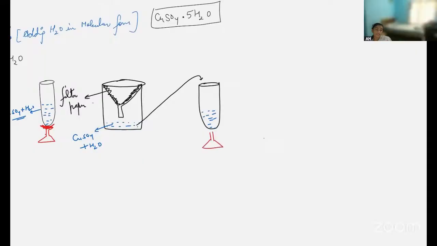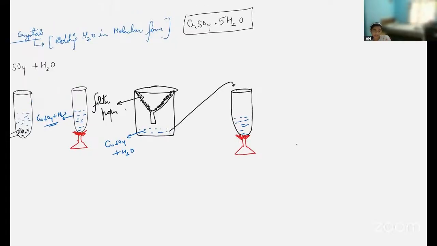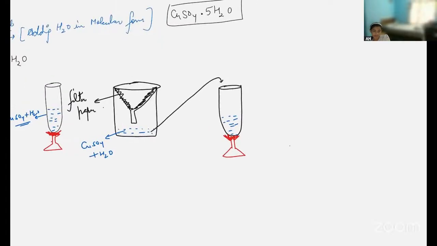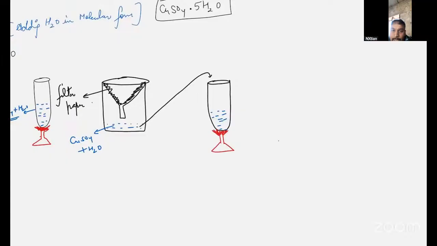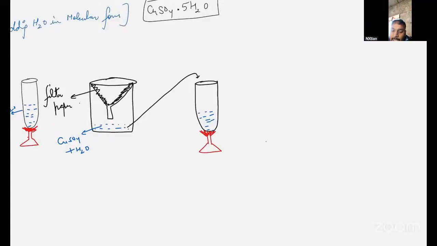So you basically put the solution through the filter, the solution still remains the same, then put it back in the test tube and boil it again. Now after the boiling, I will take this test tube immediately into the ice bath.